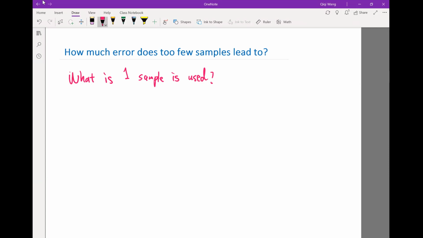So we were estimating the probability. If a single sample is used, the outcome is either crashed or not crashed, right? So the result is either 0 or 1. So we'll be estimating how much error that probability of 0 or 1 makes.